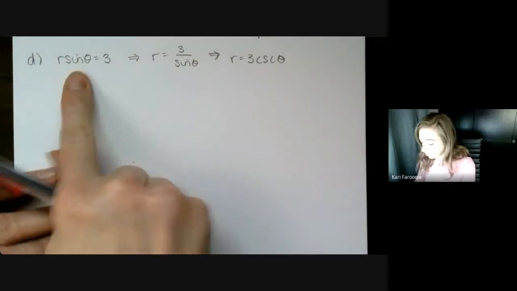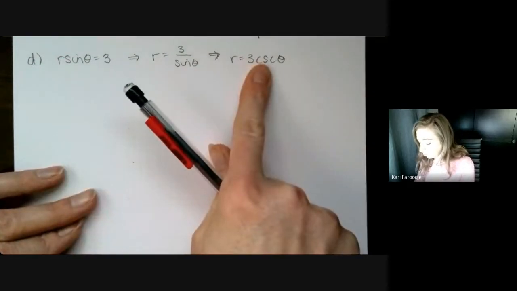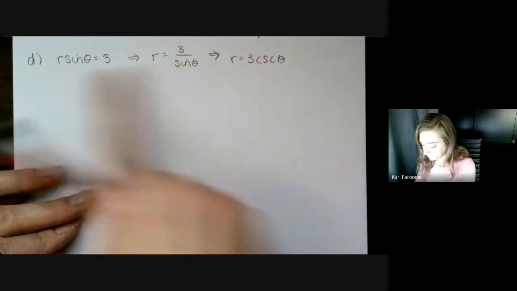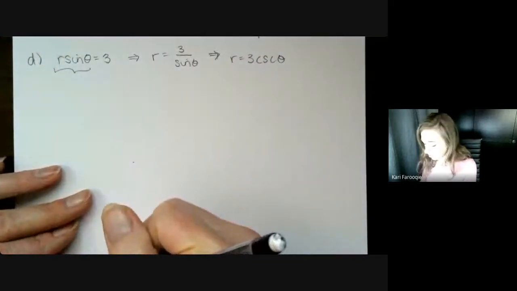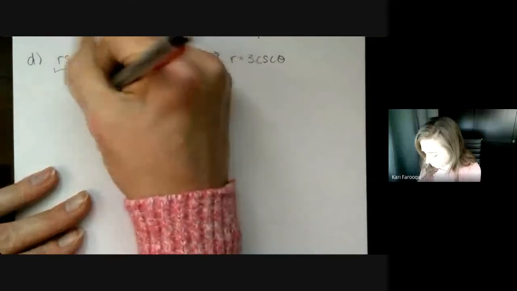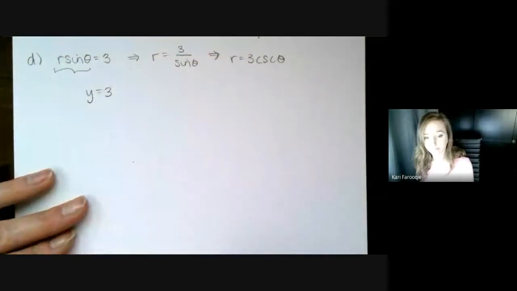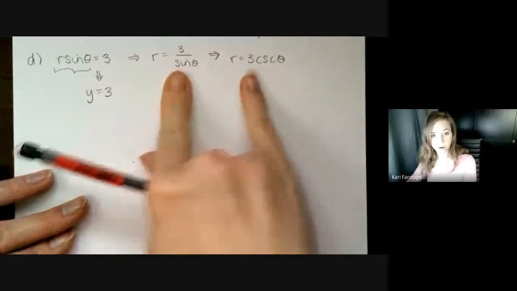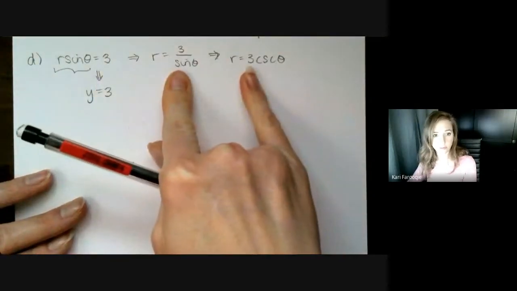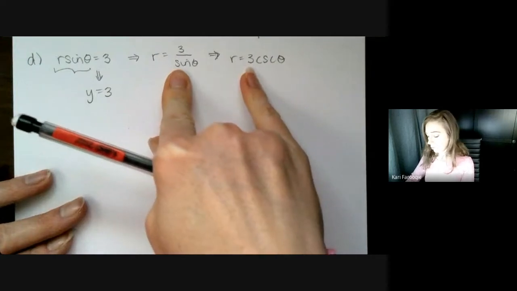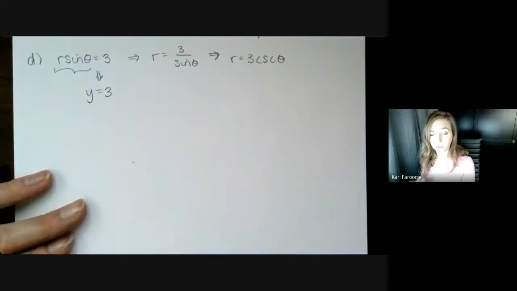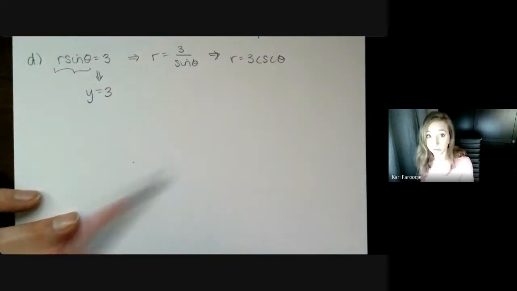If you see it in this form, I know it is your urge to have r by itself, and then you wouldn't know what to do. However, what we always like to have is r sine theta, because we know y is r sine theta. This is just y equals 3. So even though these forms are solved for r and they seem like the best, most wonderful thing, remember that when you're talking about converting, we're really just trying to get specific expressions that we can substitute.